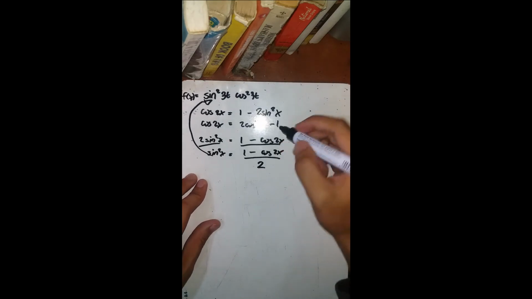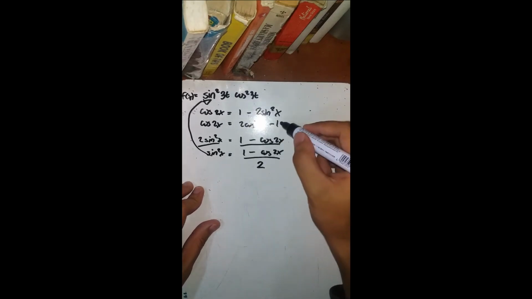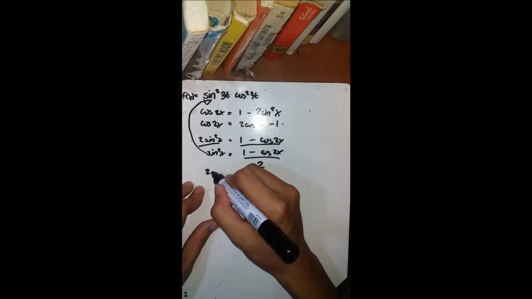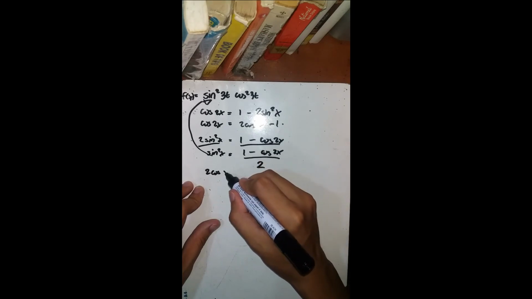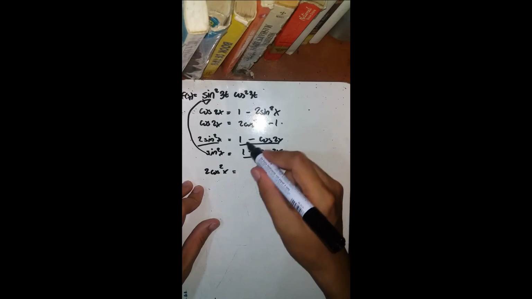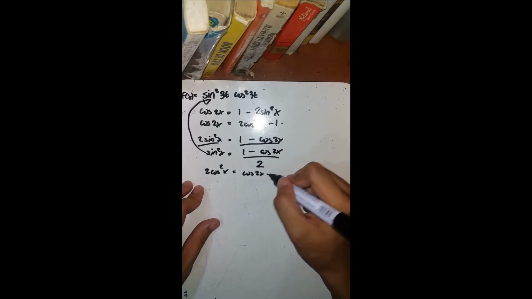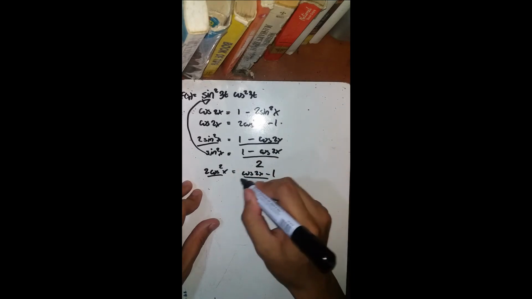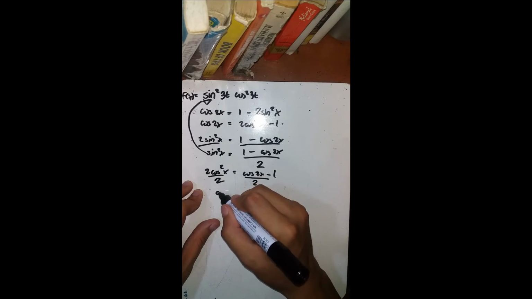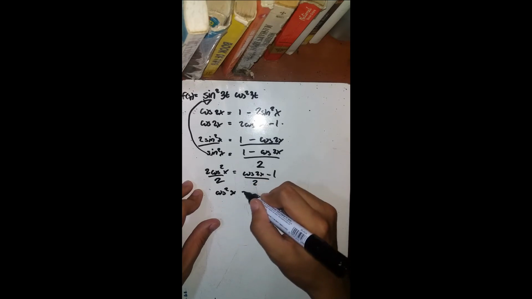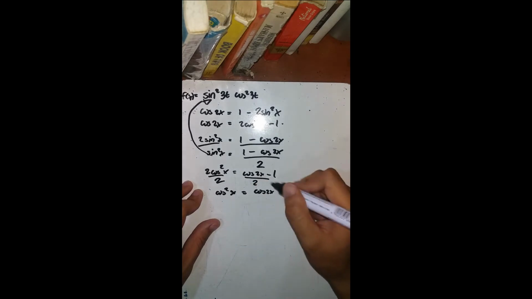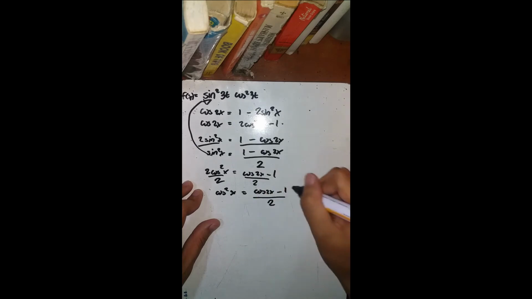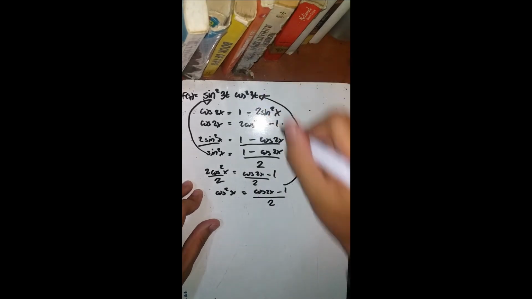And now for your cosine, we use the other one. Let's move 1 to the other side. So what's left is 2 cos squared x equals cos 2x plus 1, divided by 2. We get cos squared x equals cos 2x plus 1 all over 2. This we're going to be putting here.